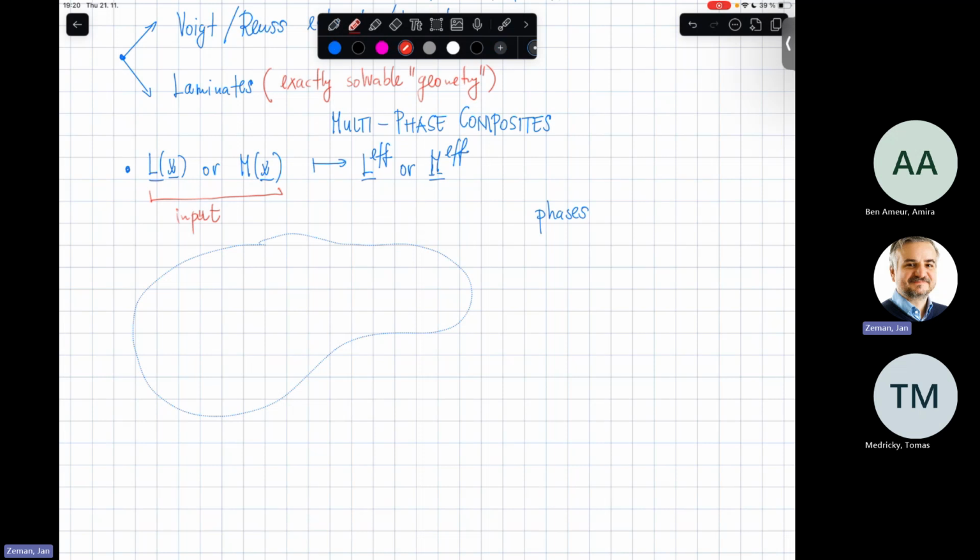Usually these phases are represented by some prevailing shape. To make the argument, I will have one phase represented by this ellipse, which I fill with one color, and the second phase would be something like this, which I fill with a different color.